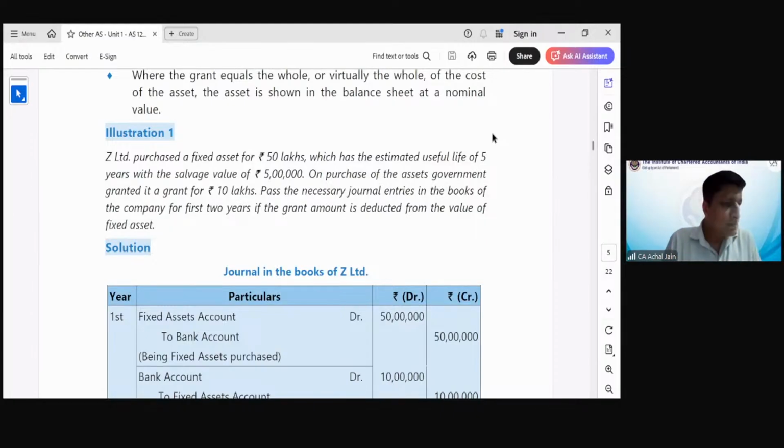Sir, here in the entry of grant receipt, we have passed the entry of bank to fixed asset account. Sir, why have we not passed the entry of bank to government grant, by treating it as deferred liability?